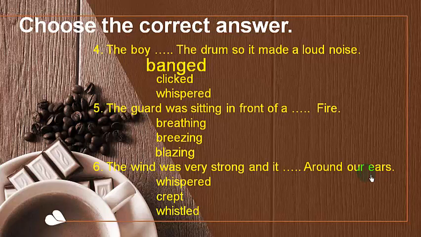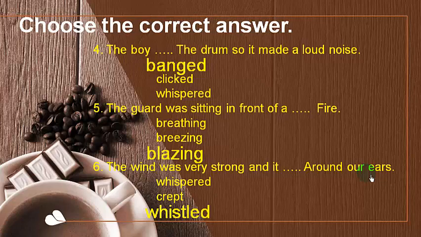So the guard was sitting in front of a blazing fire. Number 6, the wind was very strong and it what around our ears. So when the wind goes around and around, it makes a very distinctive noise, which is whistling. Alright, so the wind was very strong and it whistled around our ears.